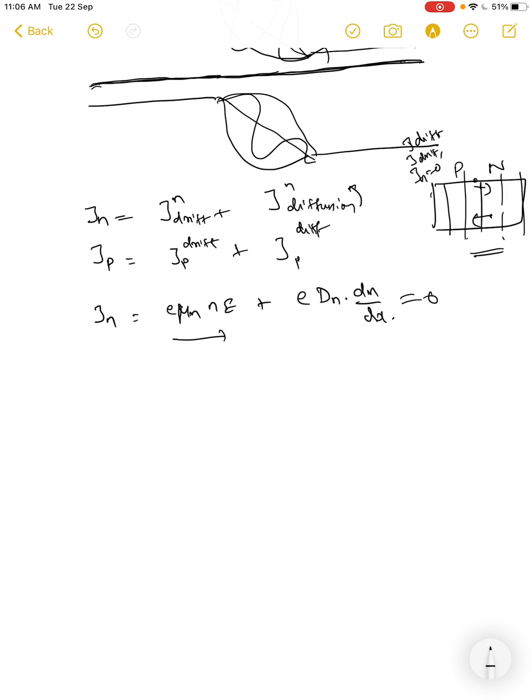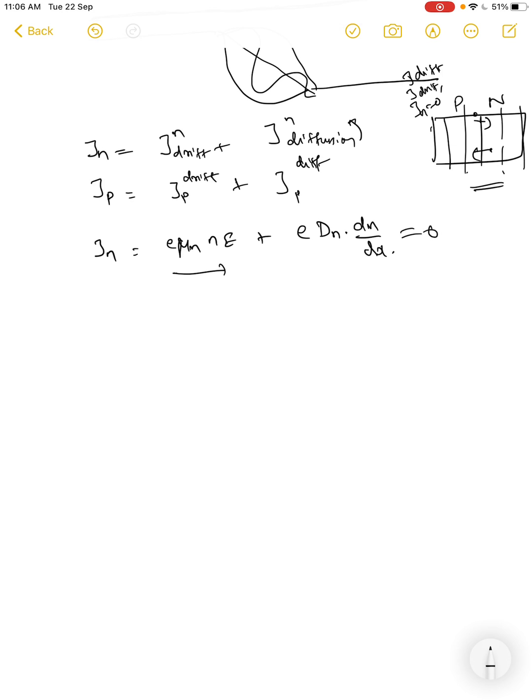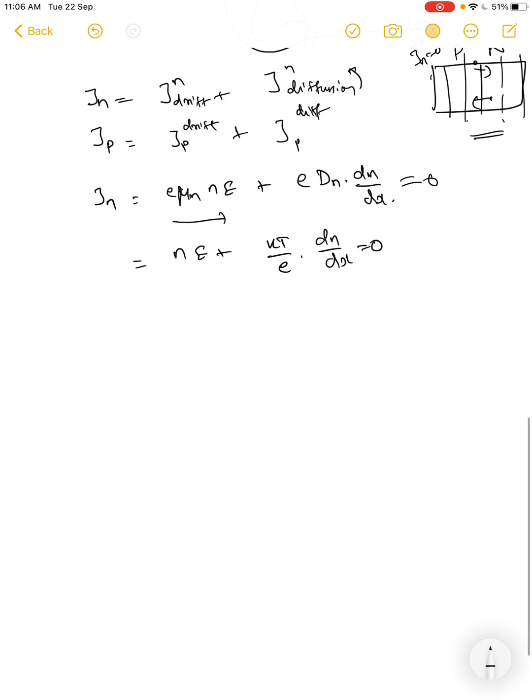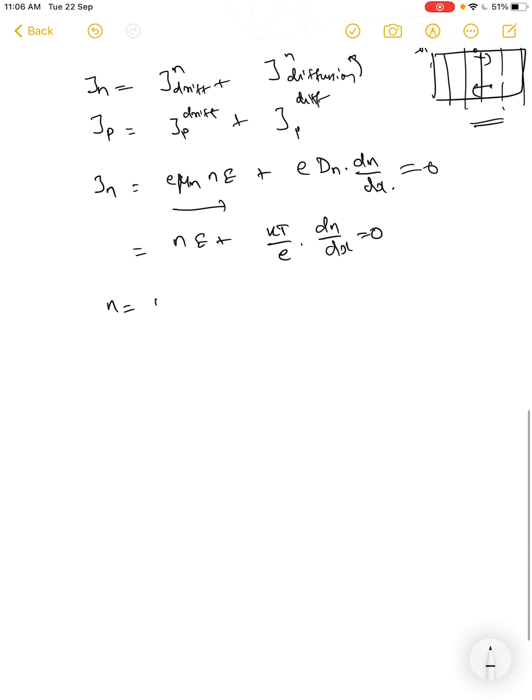Now if I put this to zero, I can see that it comes out to be n e mu n E plus e D dn by dx, where D by mu n is kT by e, equal to 0, right? And let us take an n-type region. The carrier density is represented by n = ni e^((Ef minus Ei)/kT), right?